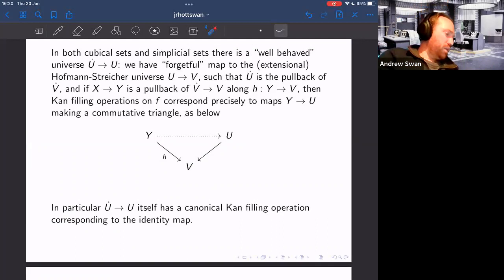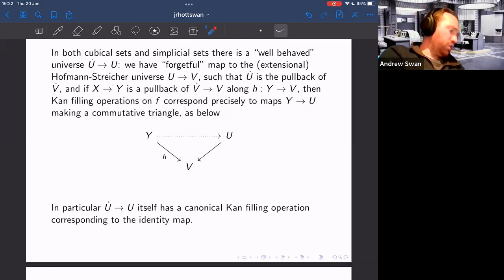And what we notice is that in both cubical sets and simplicial sets, there's not only a univalent universe, but there's a very well-behaved universe. It's very well-behaved in the sense that, well, we're working in a presheaf category, so we have a Hofmann-Streicher universe for classifying small maps.